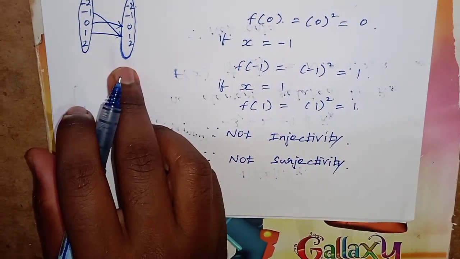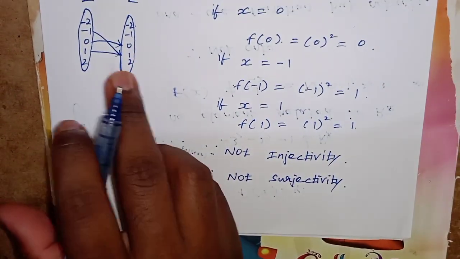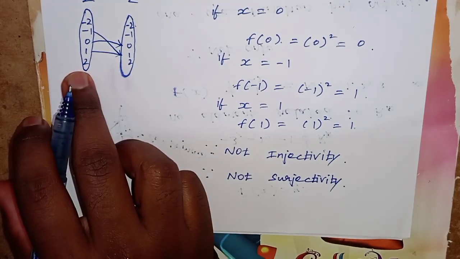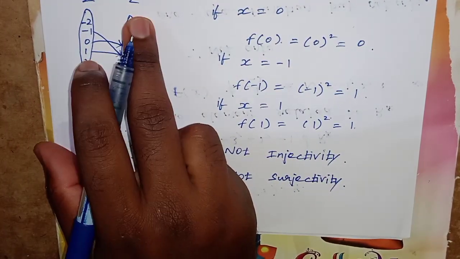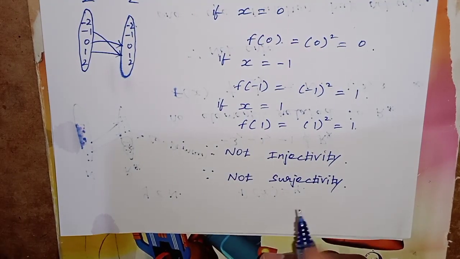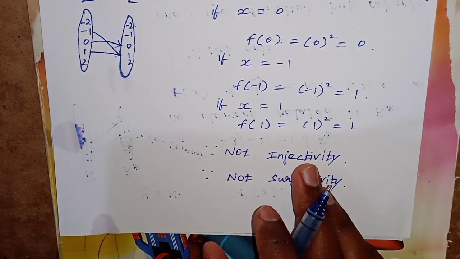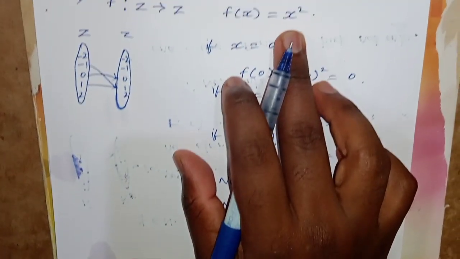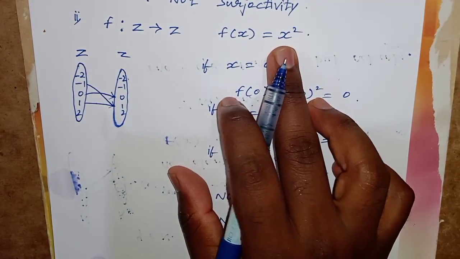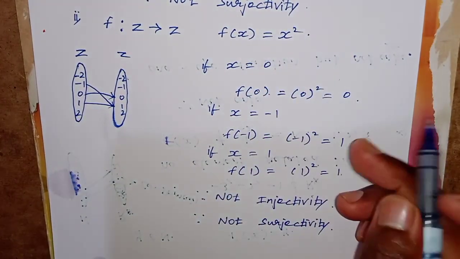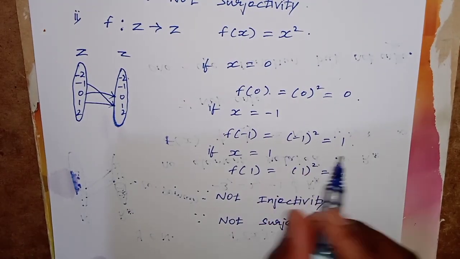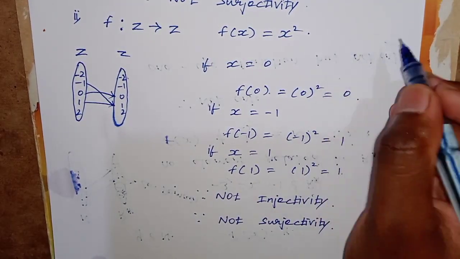For checking onto, in the codomain every image should have its own pre-image. But here -1, -2 up to -infinity have no pre-image, because here it is squared. f of x equal to x square. If you square the term, it will become only the positive term. A negative term you can square also, it will become positive.